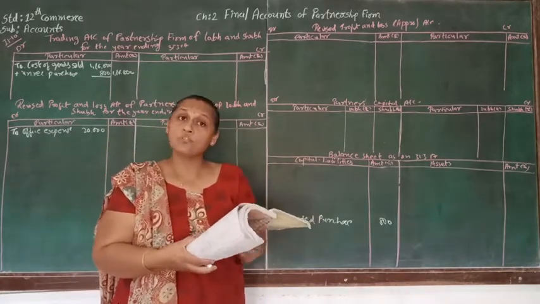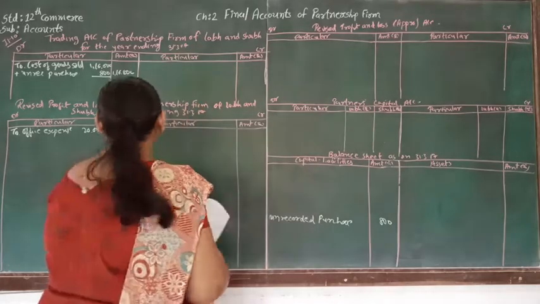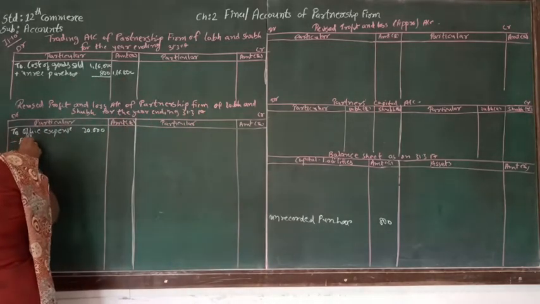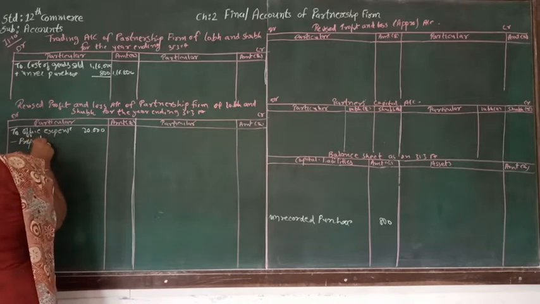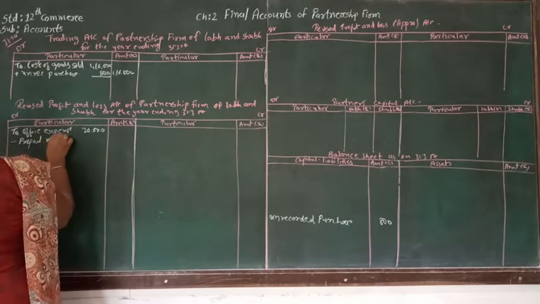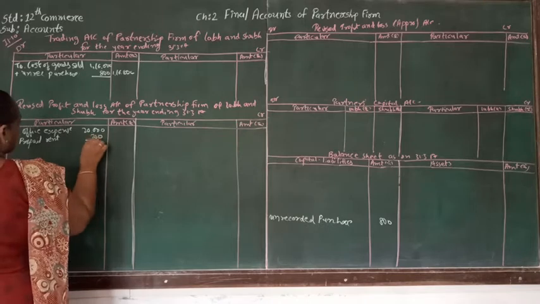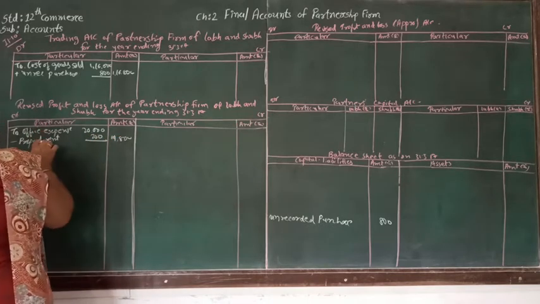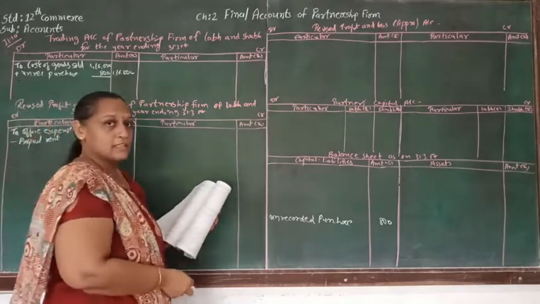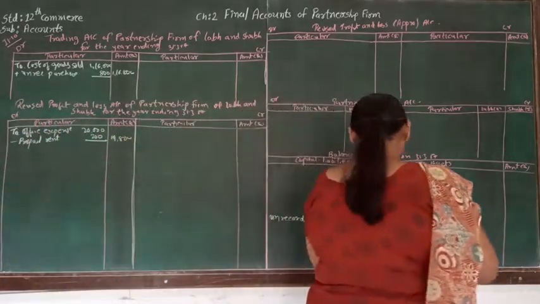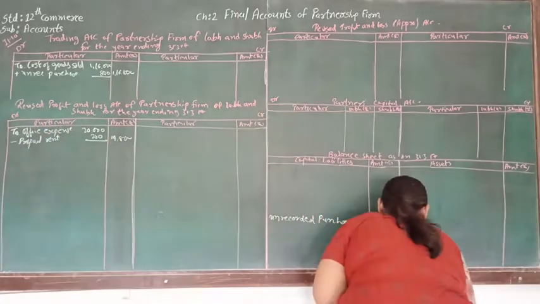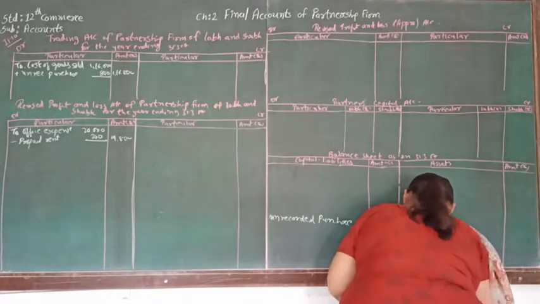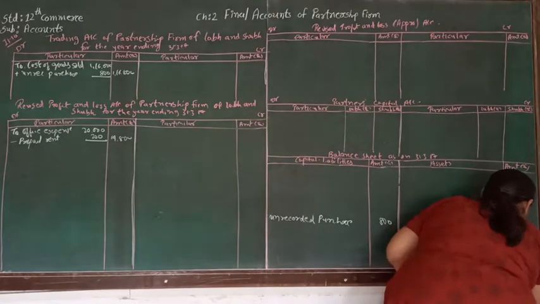So it is prepaid, so we have to deduct from the expense, less prepaid rent 200. So here it will be 19,800. The other effect of prepaid rent is supposed to be on the asset side, prepaid rent, and that is of 200.